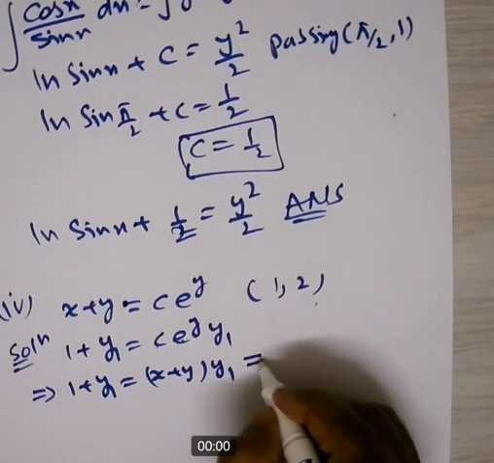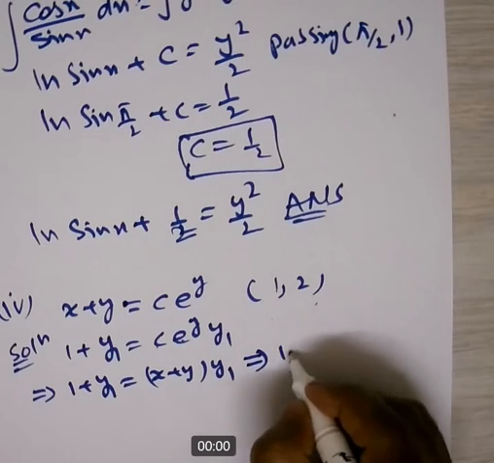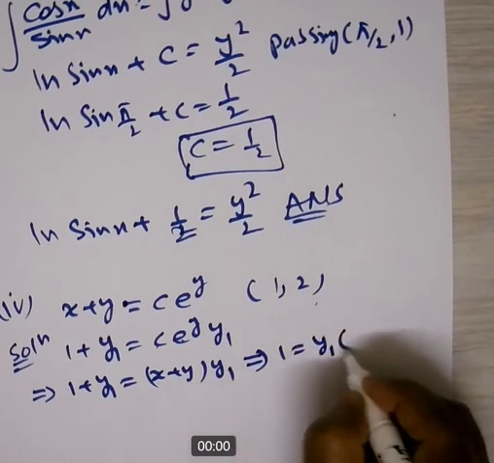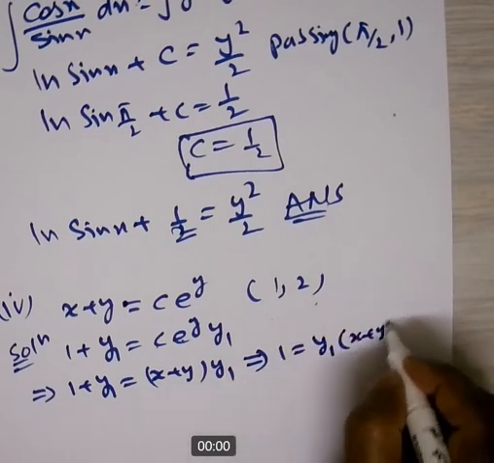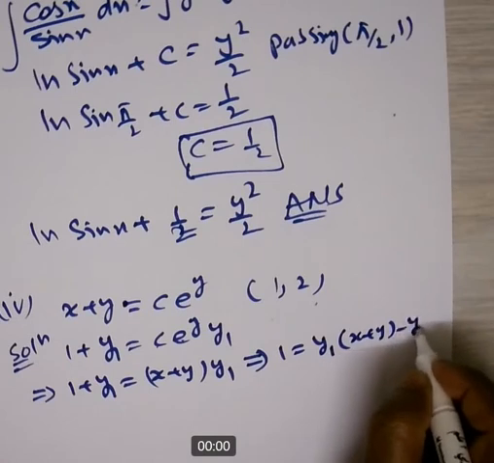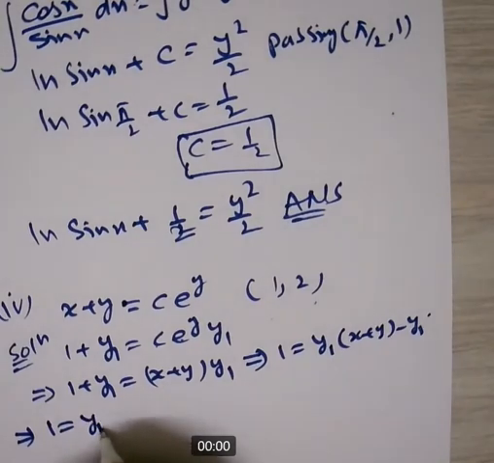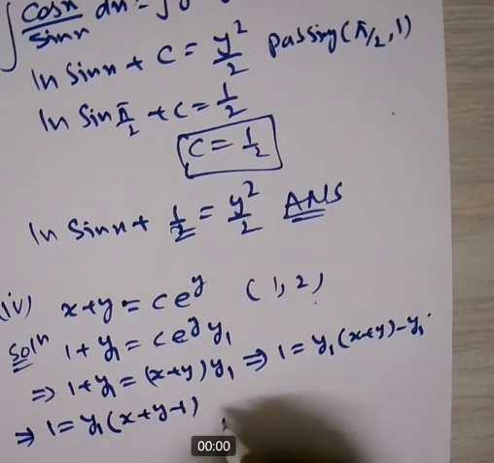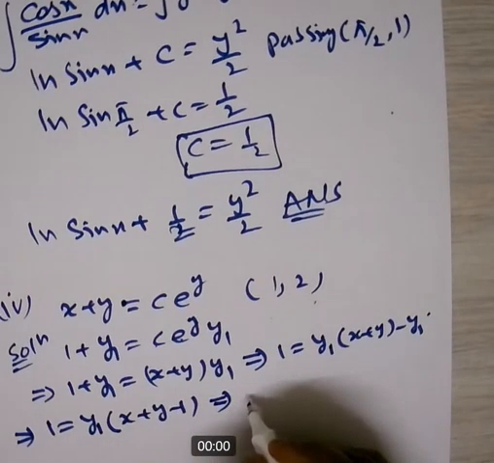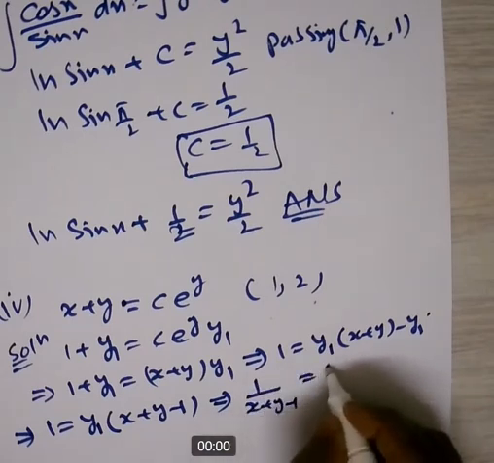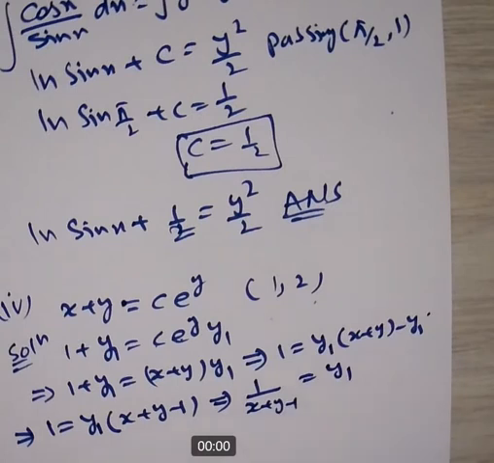So simplify it. Simplify means keep all y1 terms on one side. So x plus y minus y1. When you write it like that, 1 equal to, keeping y1 common, x plus y minus 1 times y1. So we can write 1 divided by x plus y minus 1 equal to dy/dx.